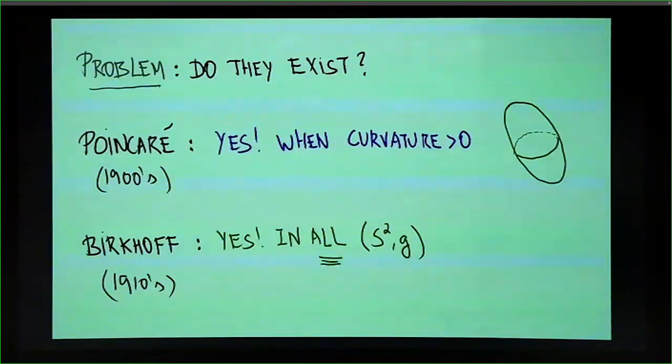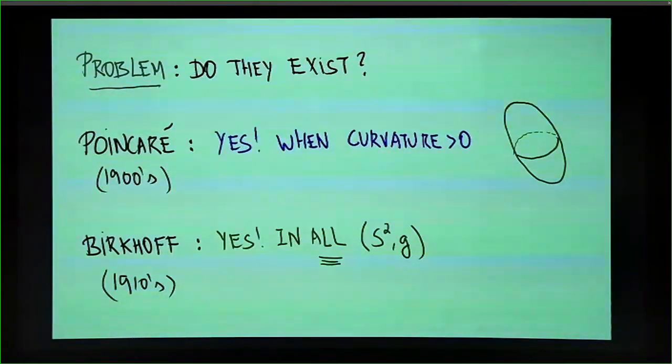But he started to realize that it was very important to look at the periodic orbits of the dynamical systems. And then he thought about studying periodic geodesics as a simpler case of the general question that he was thinking about. And he gave an argument that works when your sphere has positive curvature. Okay, so like an ellipsoid or an oval shape.